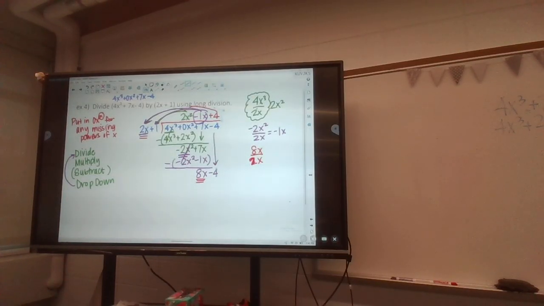Again, if you need to draw the arrows, you're multiplying here. Then we have to subtract. 8 minus 8 cancels. Negative 4 minus 4.